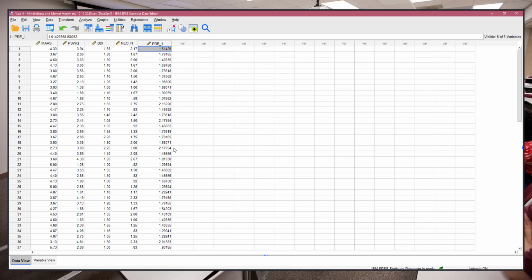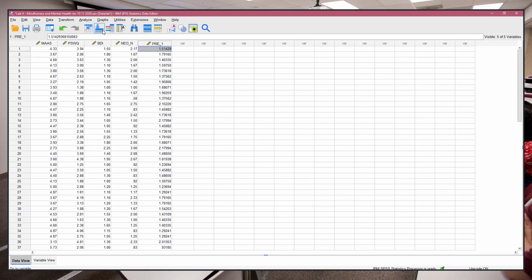But our regression model allows us to incorporate information about the relationship between mindfulness and neuroticism to make slightly more accurate predictions about how neurotic a person will be, depending on how mindful they are.